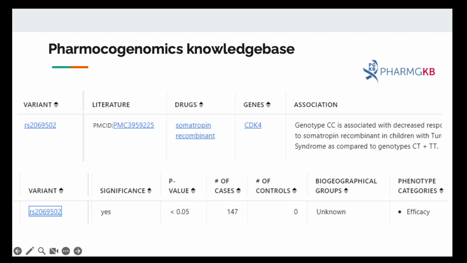These are clinical studies that identify that patients with some of these mutations respond well or worse to the treatment. In this case, this study contained 147 patients. So you can identify maybe a candidate drug or compound that you can use to treat or that interacts with the mutation.